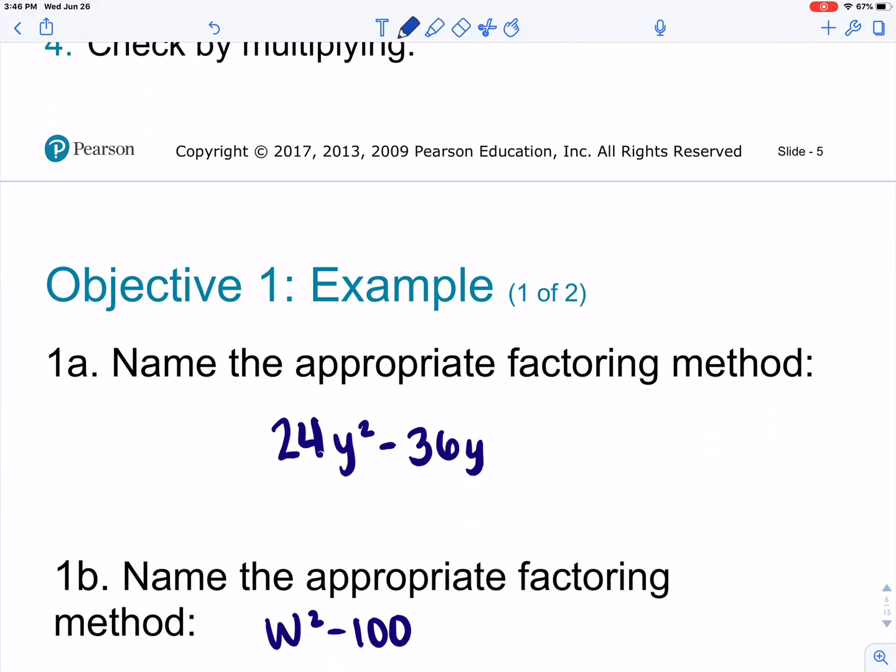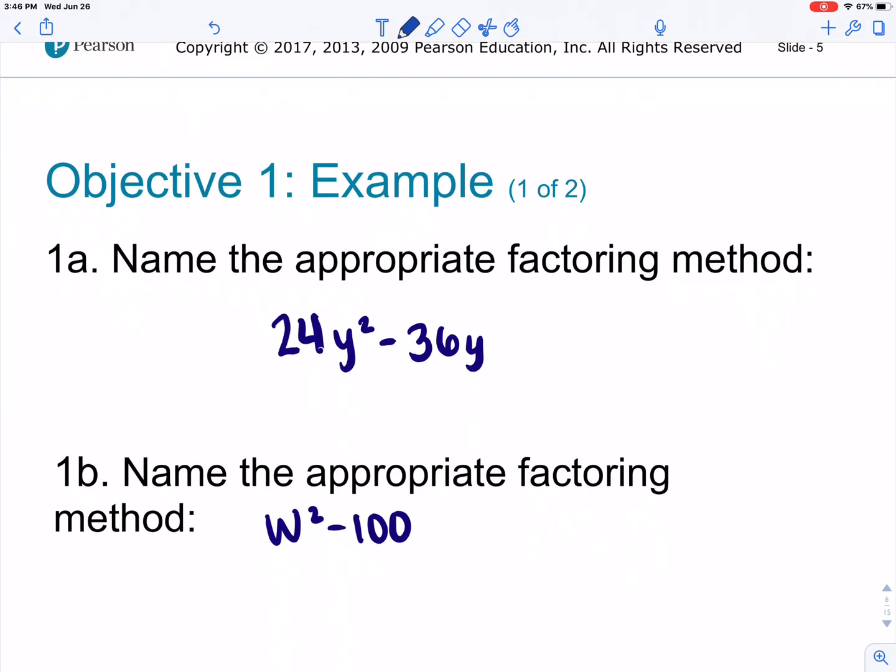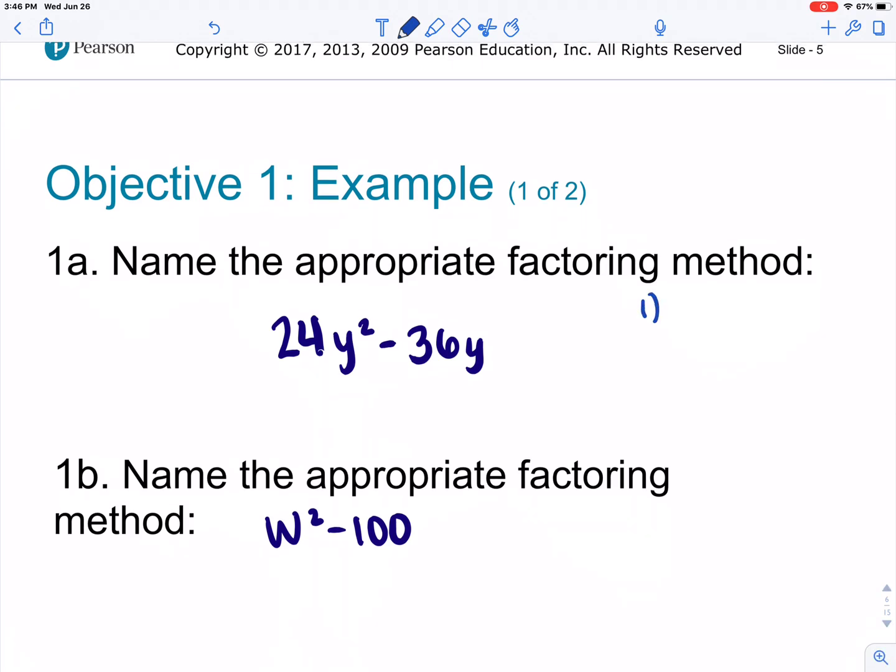Okay, so our first objective examples, they want us to name the appropriate factoring method. When I look at this one, 24y squared minus 36y, the first thing I notice is that there are 2 terms.